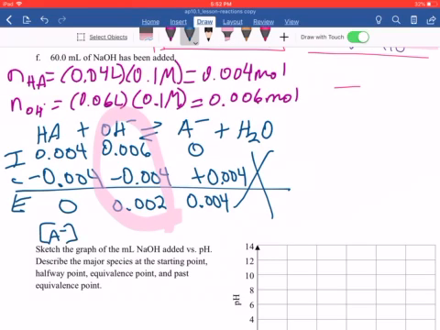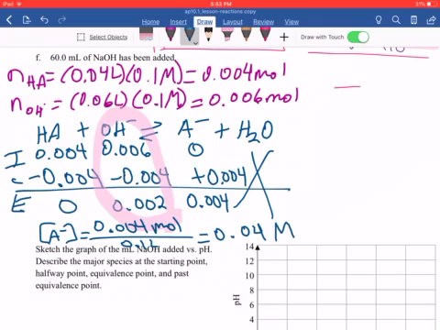We have the concentration of acetate, 0.004 moles, divided by 0.1 liters, because 60 plus 40 is 100 milliliters. So we end up with 0.00, just kidding, 0.04, there we go, molarity.